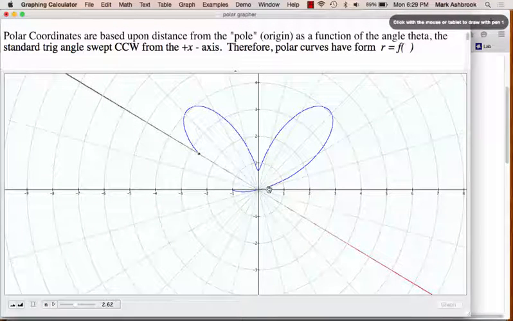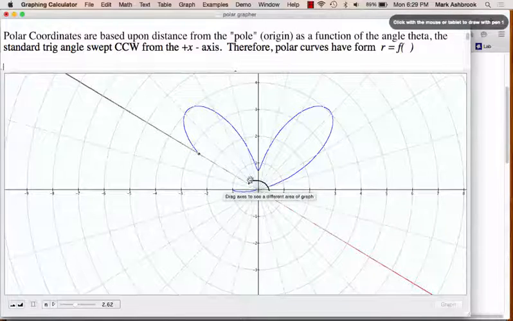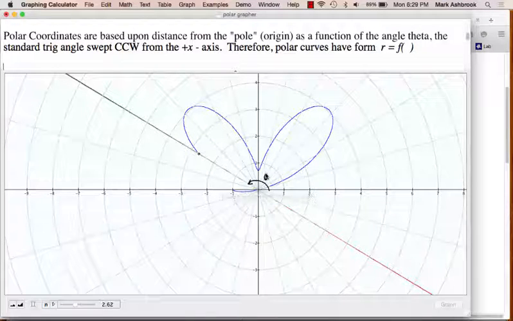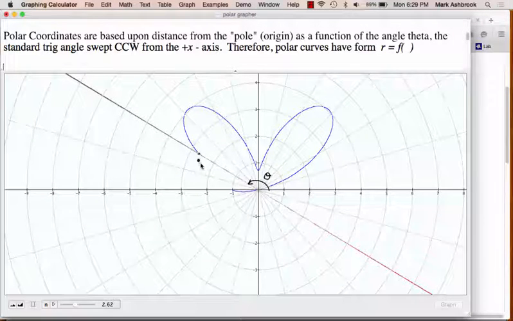Our theta is now right here, and now r is like 2. So this is not negative, because it's a positive distance from the pole at the angle. Here's the terminal side of the angle, and along the terminal side of the angle, r is always positive. So this is about positive 2.8.